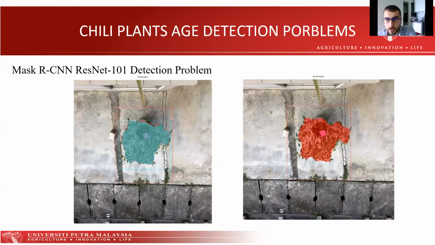The problem that we had for the Mask RCNN ResNet 101 model is that in week 14, the fourth plant in the top view was detected as week 10 and week 14 at the same time for some times, and other times it was detected correctly.